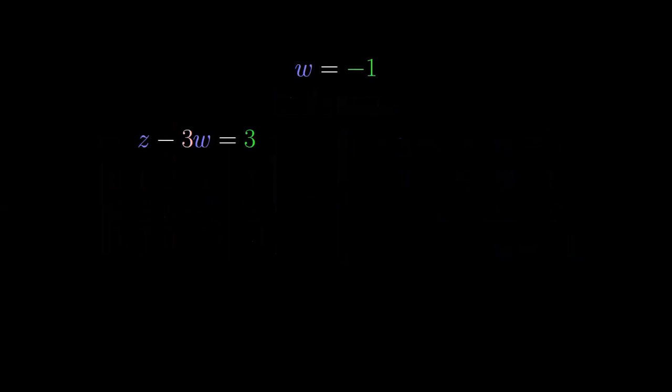We replace it into the third equation, z minus 3 times w equal to 3, in order to obtain z equal to 3 times minus 1 plus 3, which is equal to 0. And this coincides with the other solution that we already found. We do the same with the second equation, which was y plus w equal to 1. We know that w is equal to minus 1.